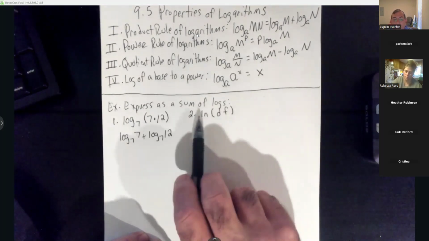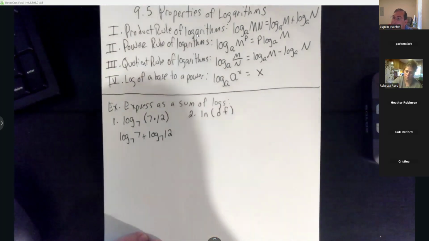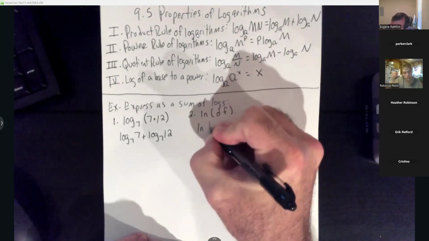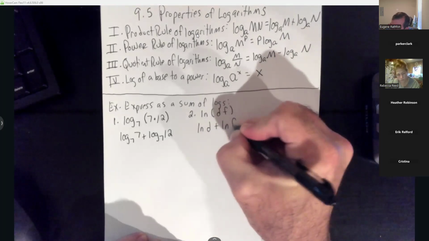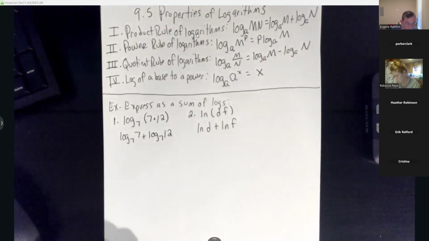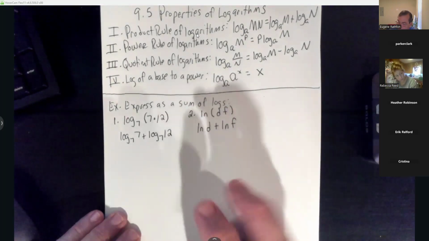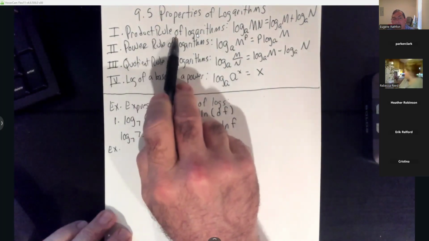But I'm going to do the same thing. I'm going to distribute my ln to each of these factors and rewrite this as a sum. So I'm going to have ln of d plus ln of f. All right, we've written them as a sum of logs, and we're done. So that was using the product rule.